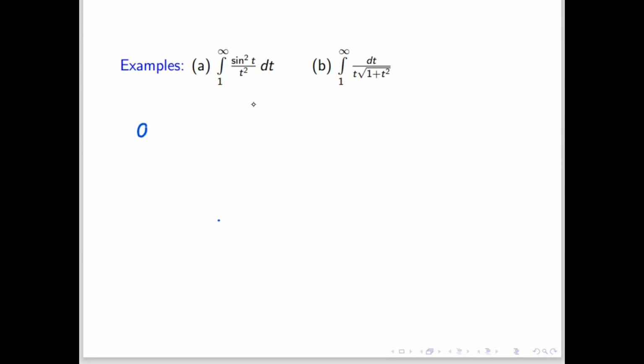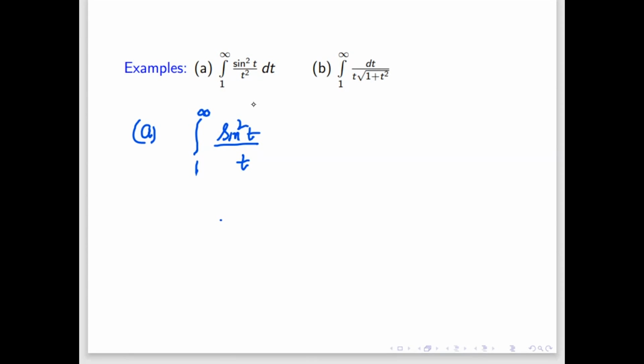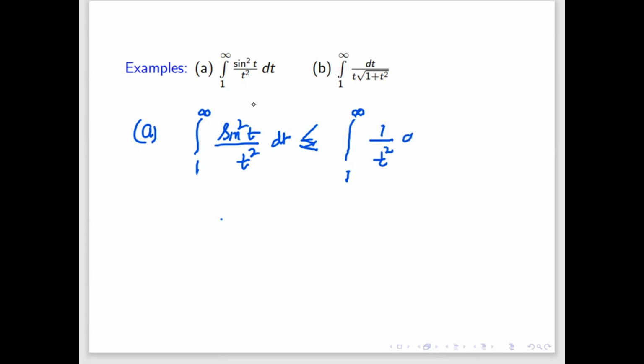The first one, like in series, we can do the same thing: sin squared t dt. Can we write it is less than or equal to, after putting the maximum value of sin in the interval 1 to infinity? Can I write this?